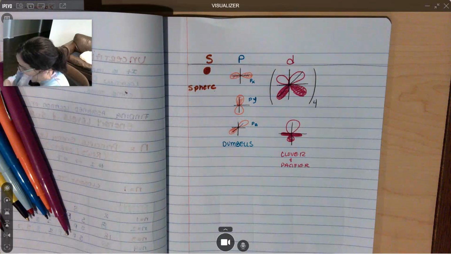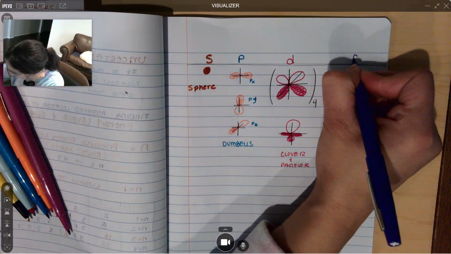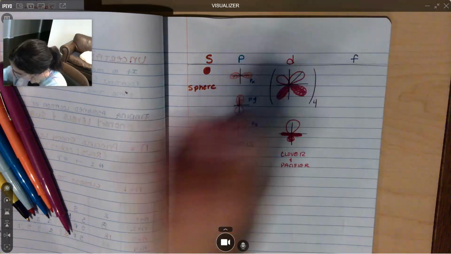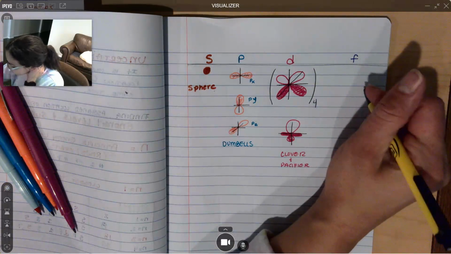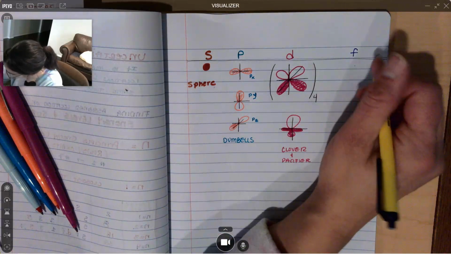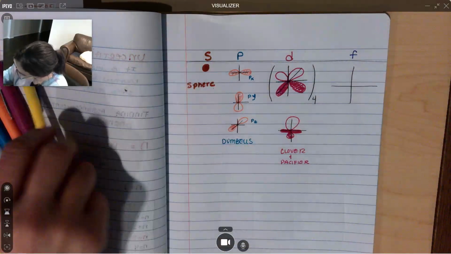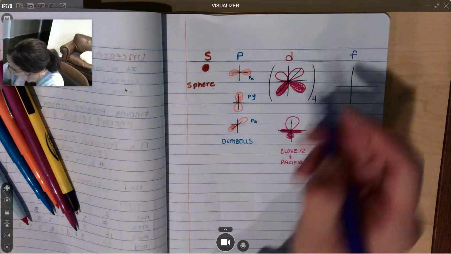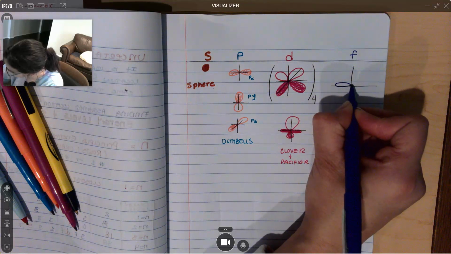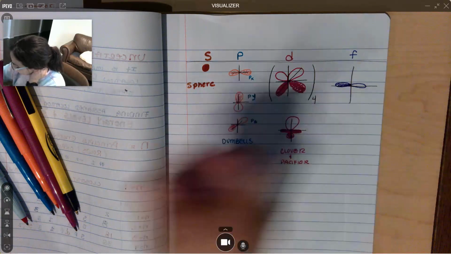Now we got one more of these to go, and that is the f sublevel, which we said there's a total of 7 orbitals. Now these ones are extremely complex to draw, but we left off with the pacifier here. So guess what we're going to have now? The shape is going to be the double pacifier. So you're going to have a double lobe flat-planed pacifier.